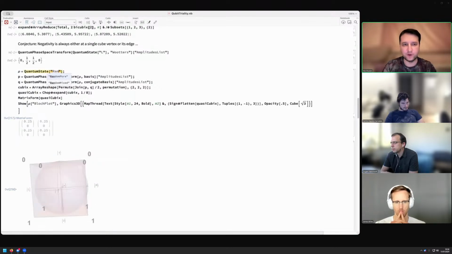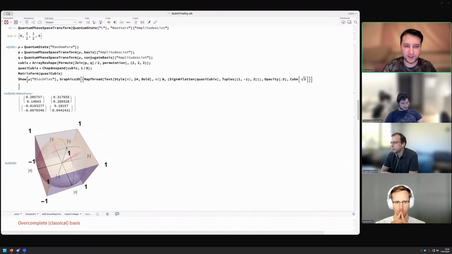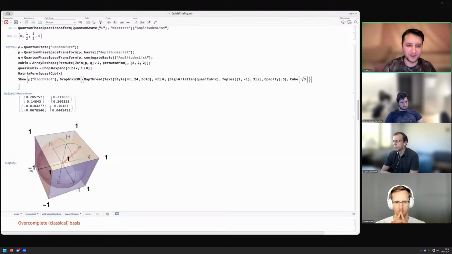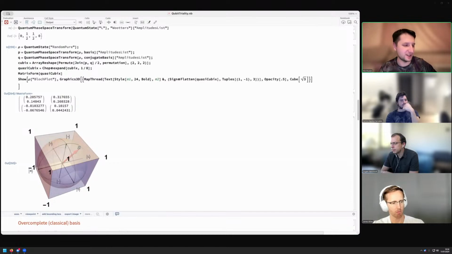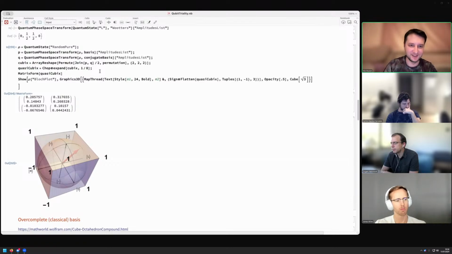But for random arbitrary states, the negativity always appears on one edge. So it's restricted in negativity. That's a little conjecture about this construction, and that's what this whole construction is about: a very simple geometric thing to put together, making a Cubix that relates to projective Pauli measurements, and that's it.